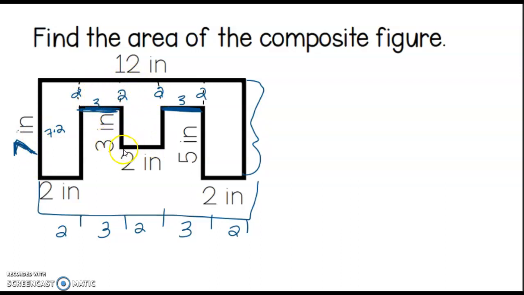This square is a 2 by 5 because we need the whole side, which is this 2 plus the 3. We're cutting this up a lot. This is a 2 by 5, this is a 2 by 3, and this is a 2 by 7. Okay, so let's go ahead and do some math here.